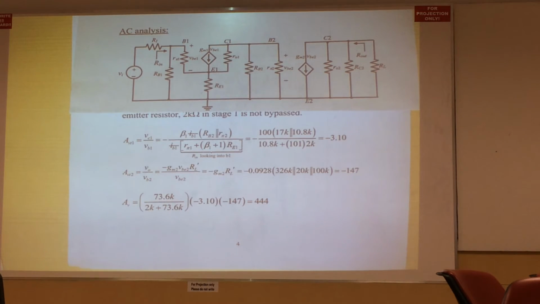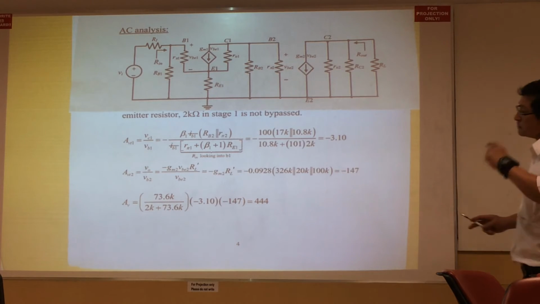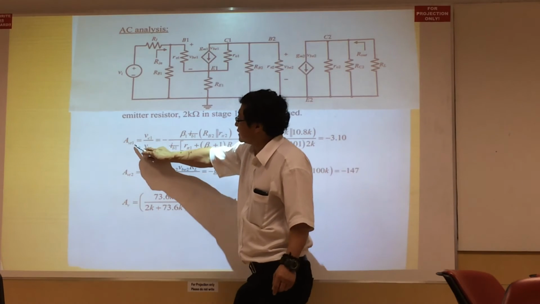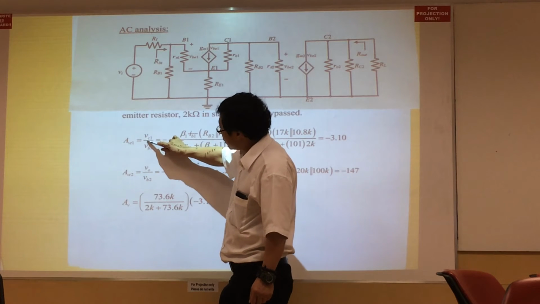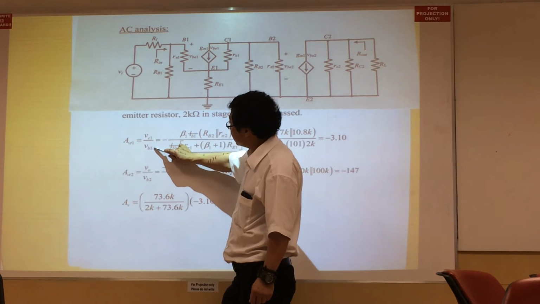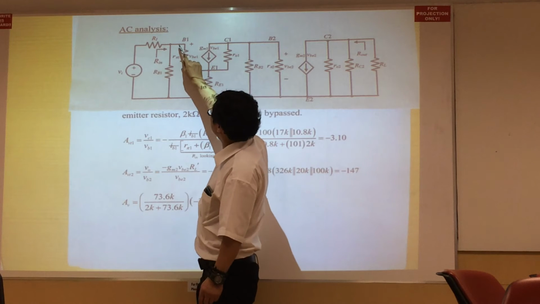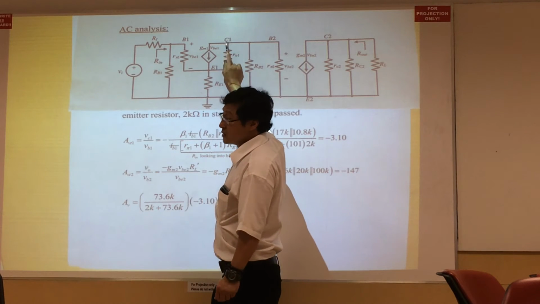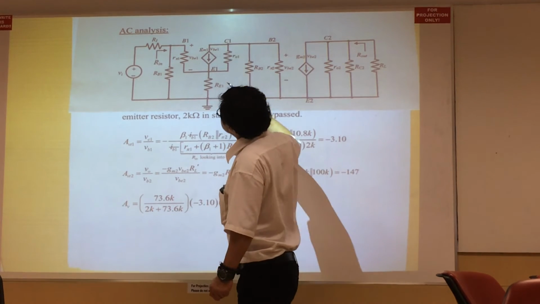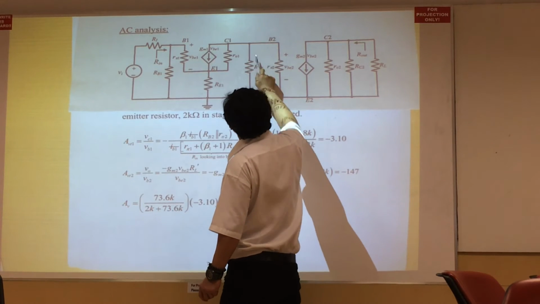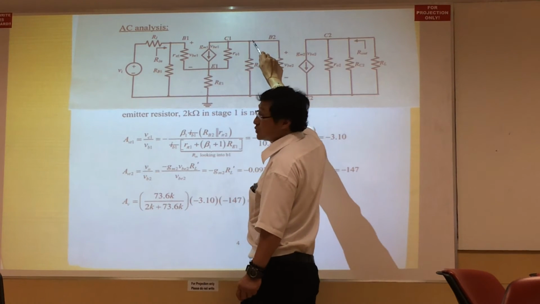So we can now find the first stage terminal voltage gain. The first stage terminal voltage gain is the voltage at the collector divided by the voltage at the base, from one terminal to another terminal. The voltage at the collector is equal to the current flowing through these two resistors to this node.